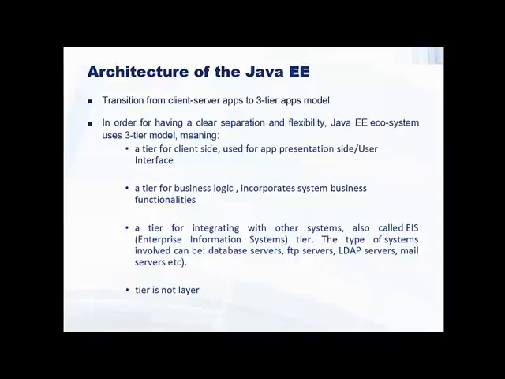So tier is the physical part and layer is the logical part. They form an important concept for describing software systems, but they are not one and the same.